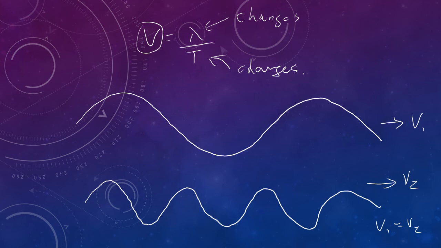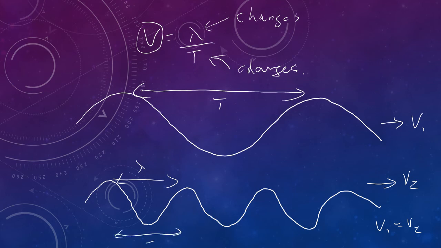And so if the wavelength changes, the period would also change. And you can see that here, the wavelength changes here. How many of them go past in a certain time is now much shorter than the time it takes for those two peaks to go past, right? So these T's are not the same, and these wavelengths are not the same.